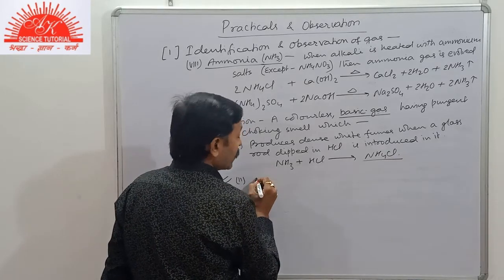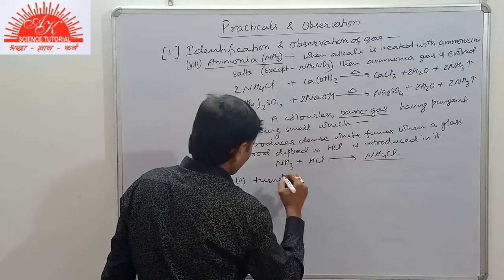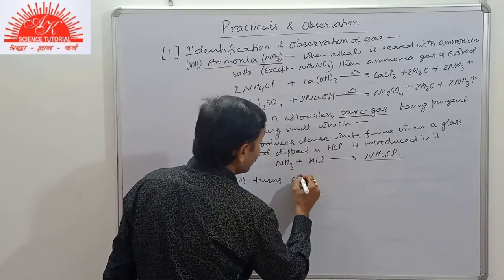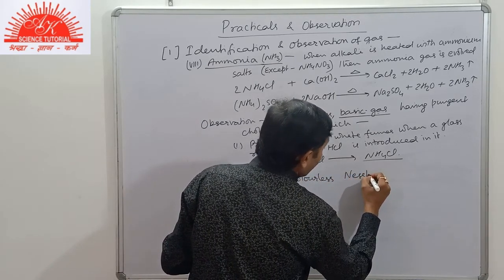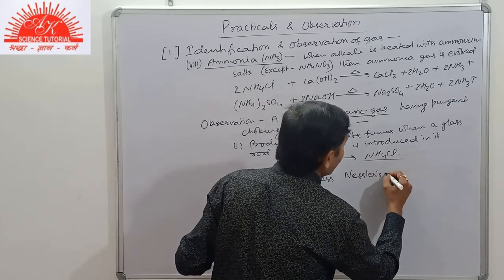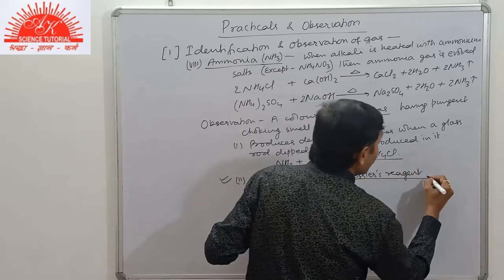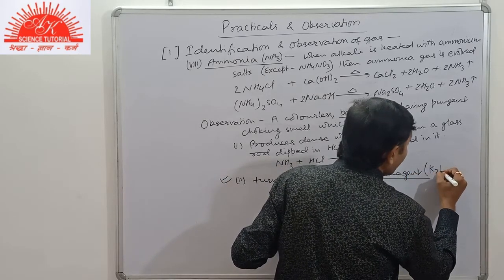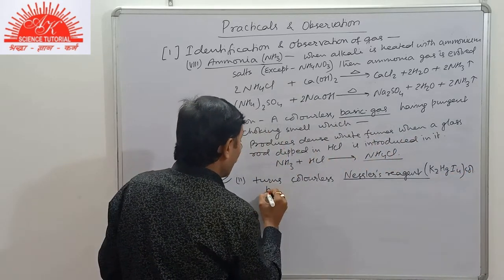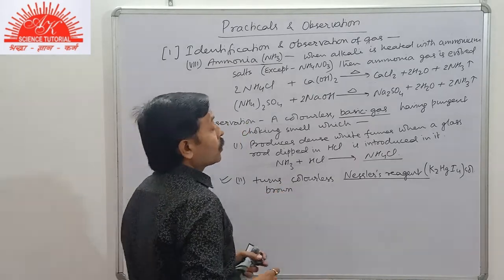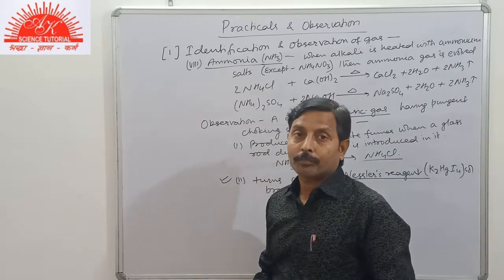It turns colorless Nessler's reagent brown. Nessler's reagent is named after the scientist, and it is actually potassium mercuric iodide solution. So we have these two tests for ammonia gas.